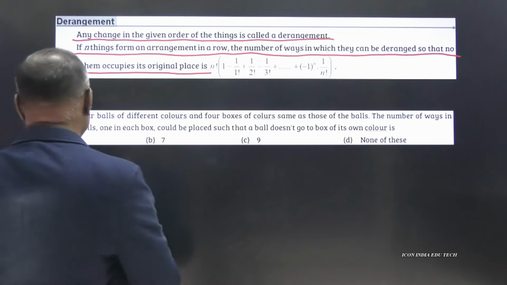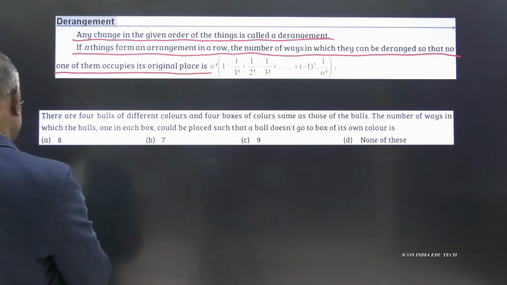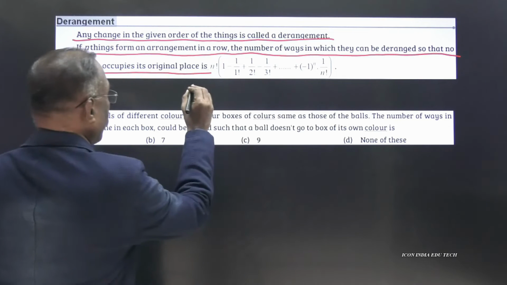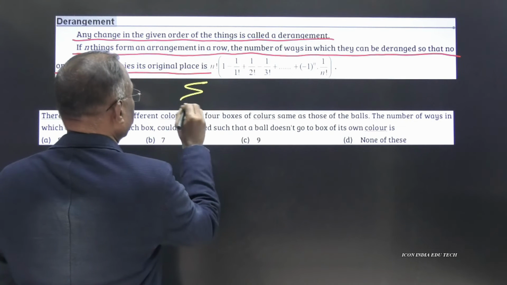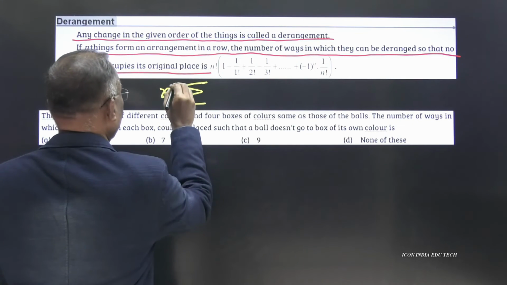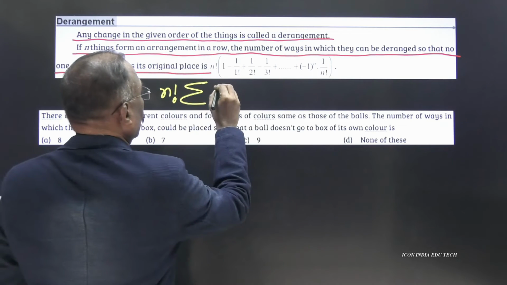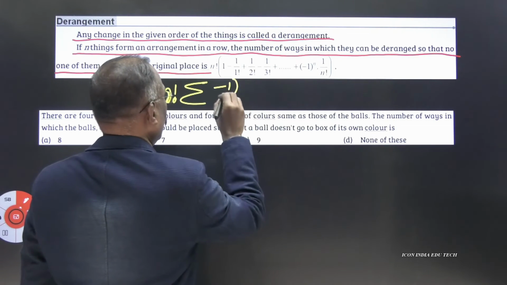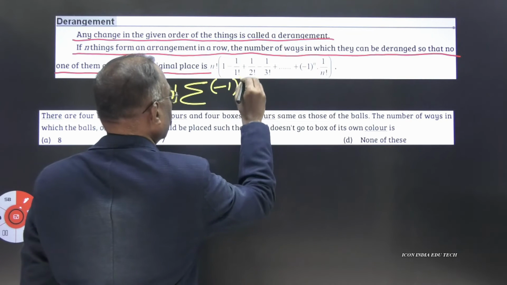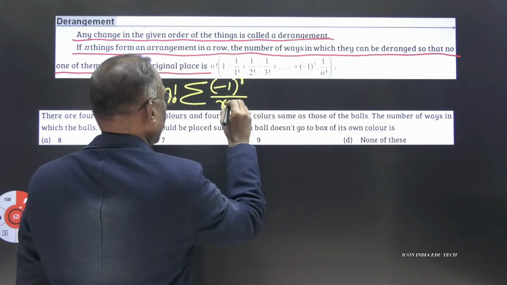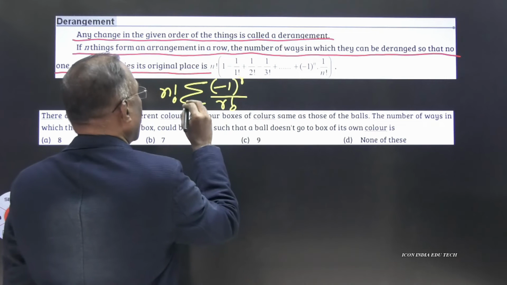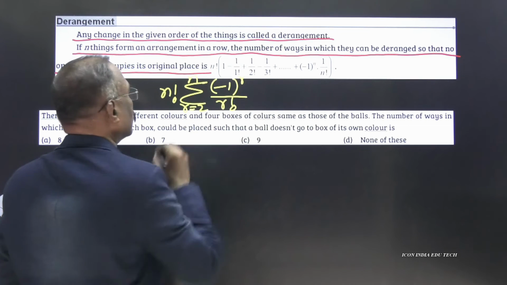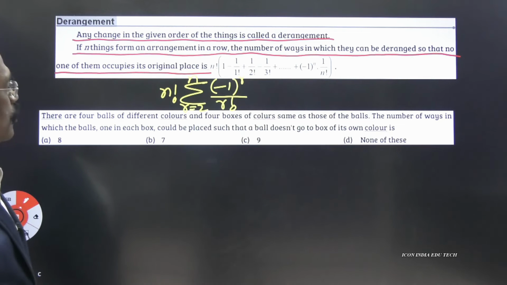We can remember this easily in the sigma notation so that you can expand it easily. This is sigma n factorial into minus 1 whole power r by r factorial. r runs from 2 to n.